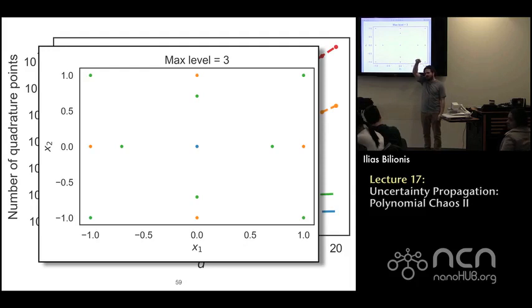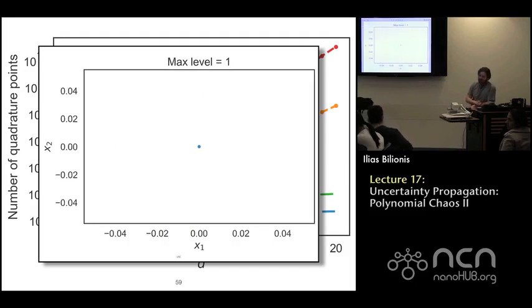So when L equals 1, there is only 1 point. But then, as the dimension grows, there is still 1 point. Level 1. So the level is just a way to order the quadrature rule.